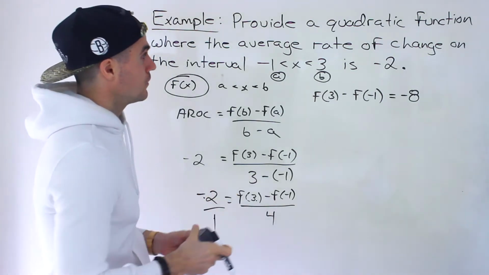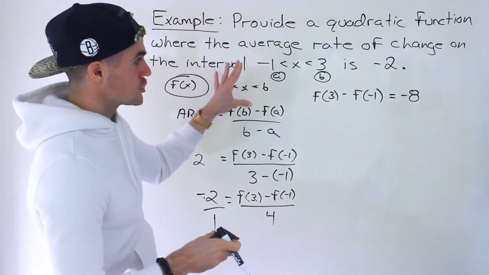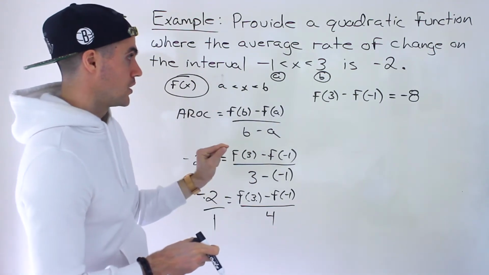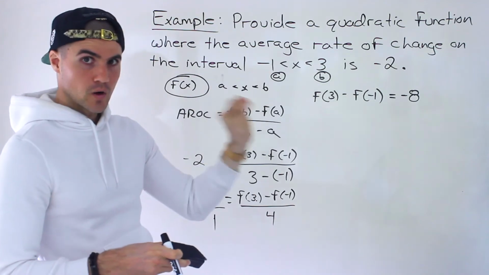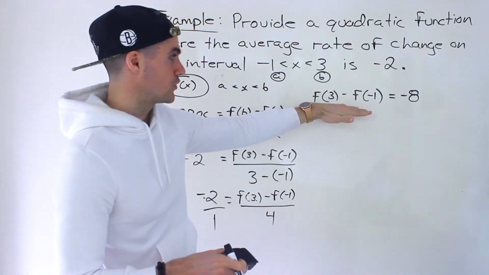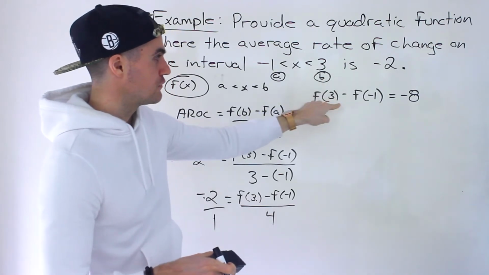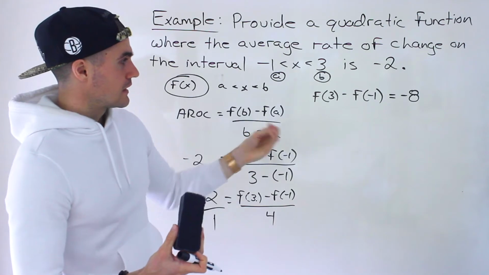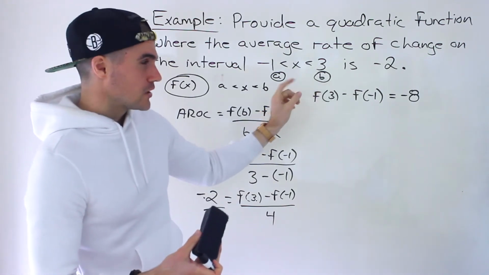So really, what we've done is we've taken this question and we've simplified it to the point where we need to find a quadratic function that satisfies this over here. As long as we can find that, then we're done the question. This is the point where I started trying to do trial and error.